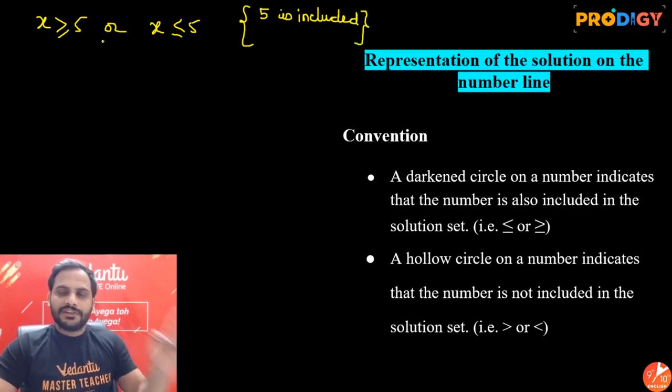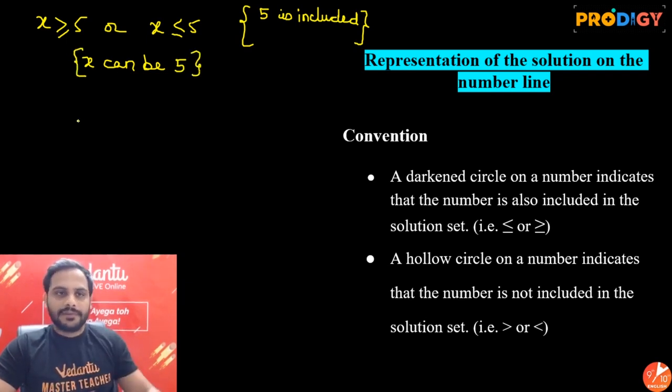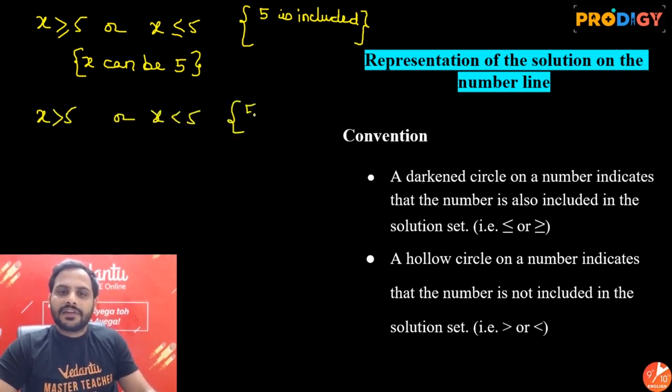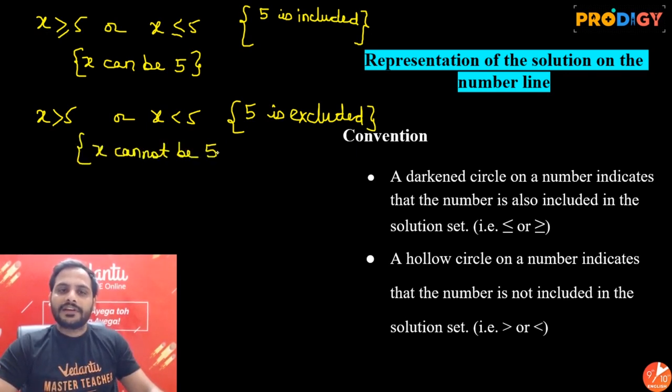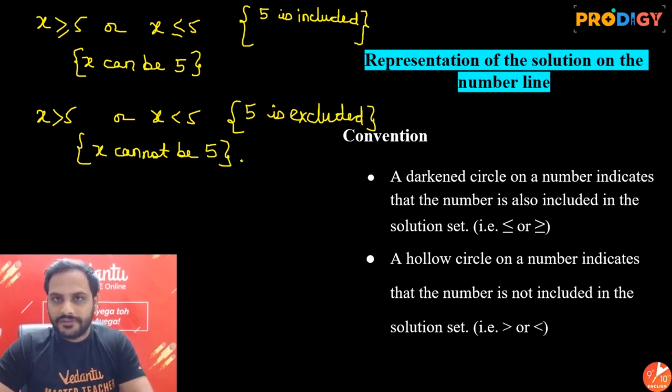In these solutions, x can be equal to 5 as well. But when I say x greater than 5 or x less than 5, 5 is excluded, or I can say x cannot be 5.